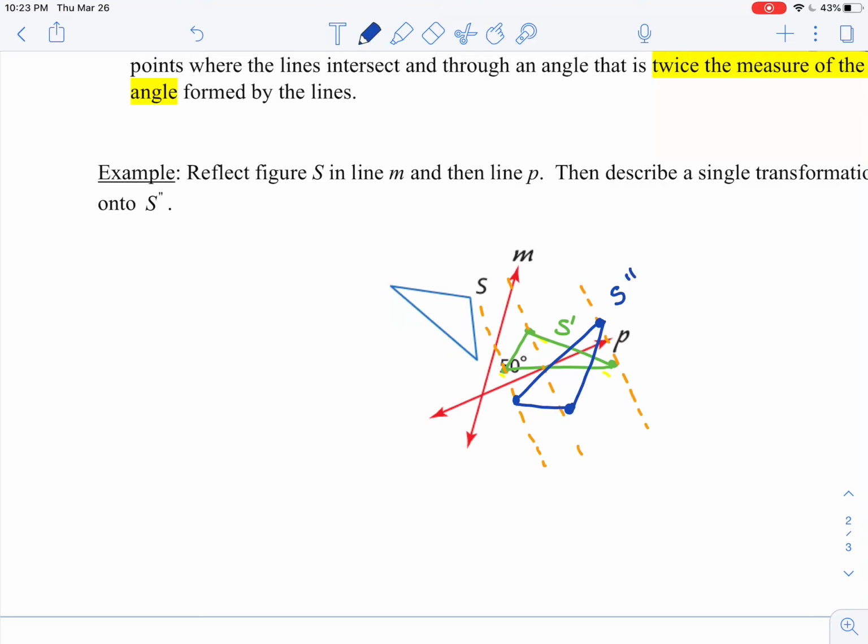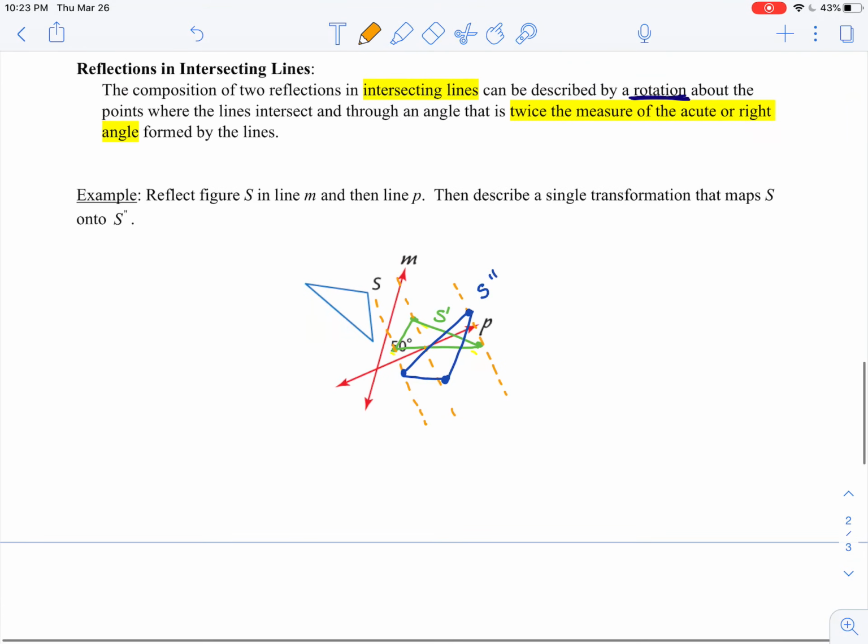And the point of showing this is to show you how, if I had just taken triangle S and rotated it 100 degrees, and remember rotations are always counterclockwise in math unless otherwise specified, if I took triangle S and rotated it 100 degrees, it would end up in the same position as triangle S double prime.